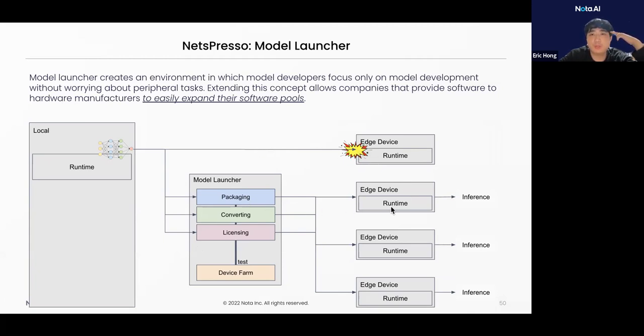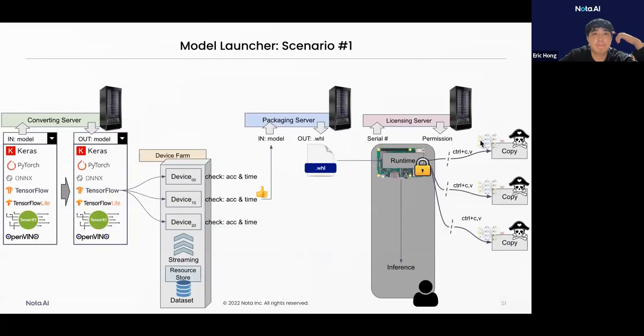You can just use the edge device smoothly, so that we want to help hardware providers or hardware manufacturers to easily expand their software pools. This is one scenario of using model launcher.